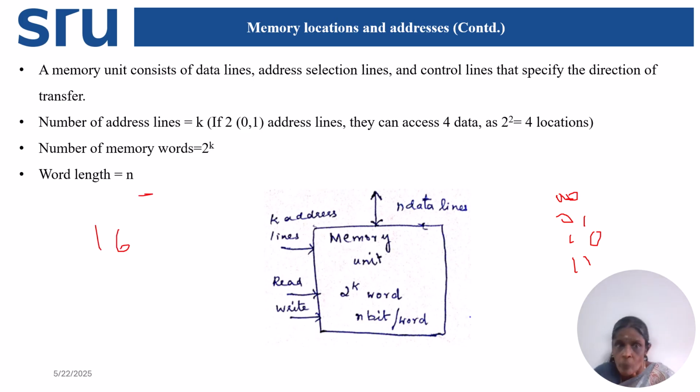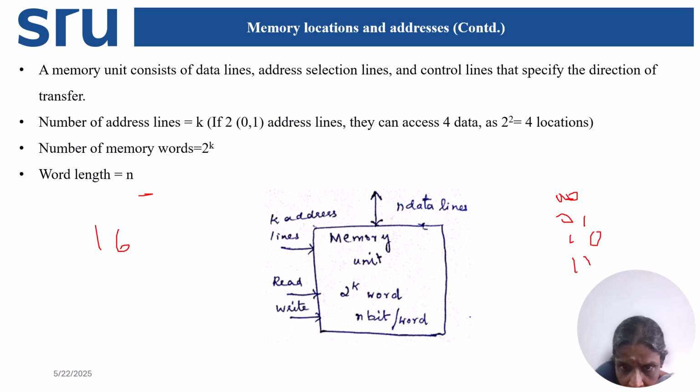Based on these points, we can use the diagram. This is the memory unit: 2 power k number of words, and n bits for one word.